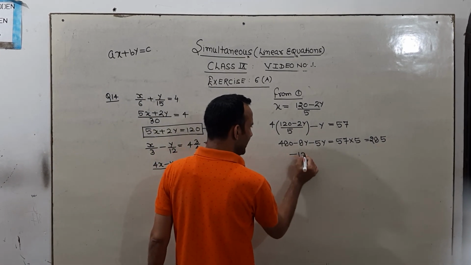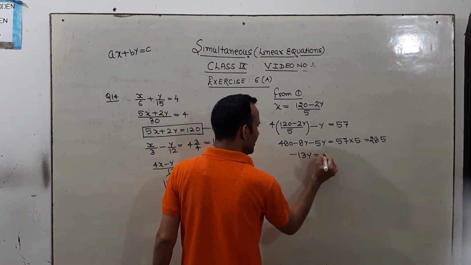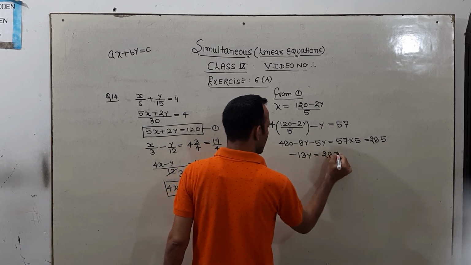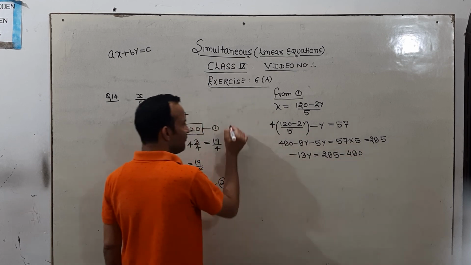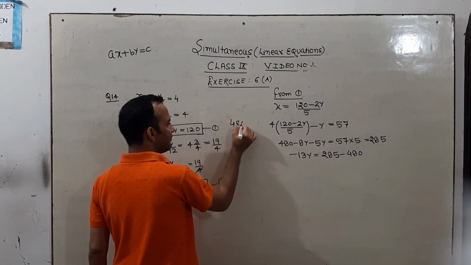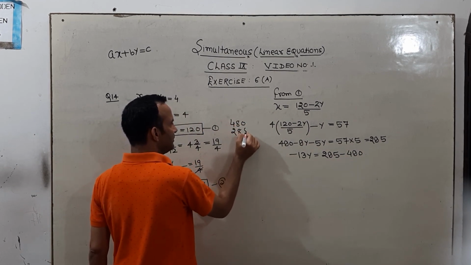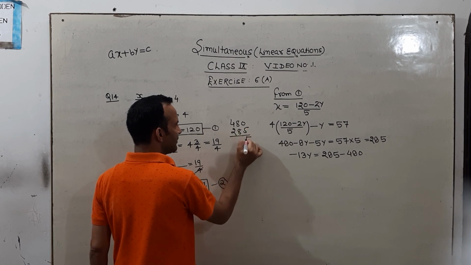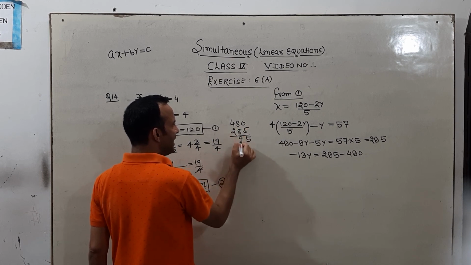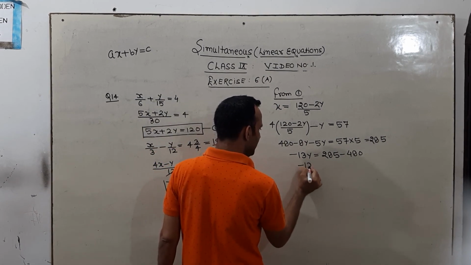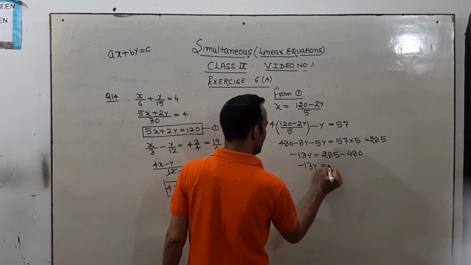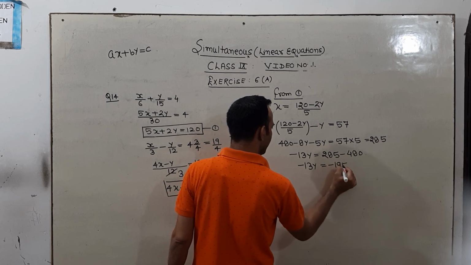Minus 13y. 285 minus 480. This will become what? See, 480 minus 285. 10 minus 5 is 5. 17 minus 8 is 9. 3 minus 2 is 1. 195. Minus 13y is equal to negative 195.